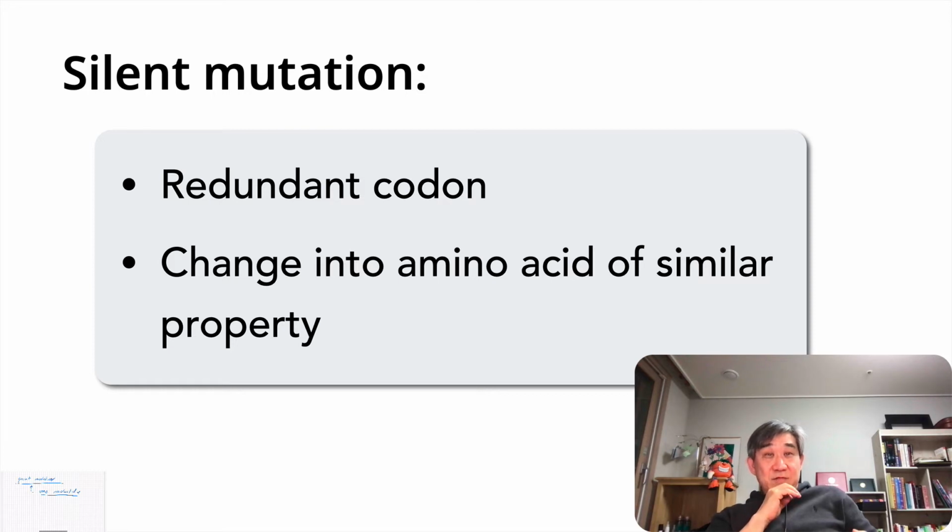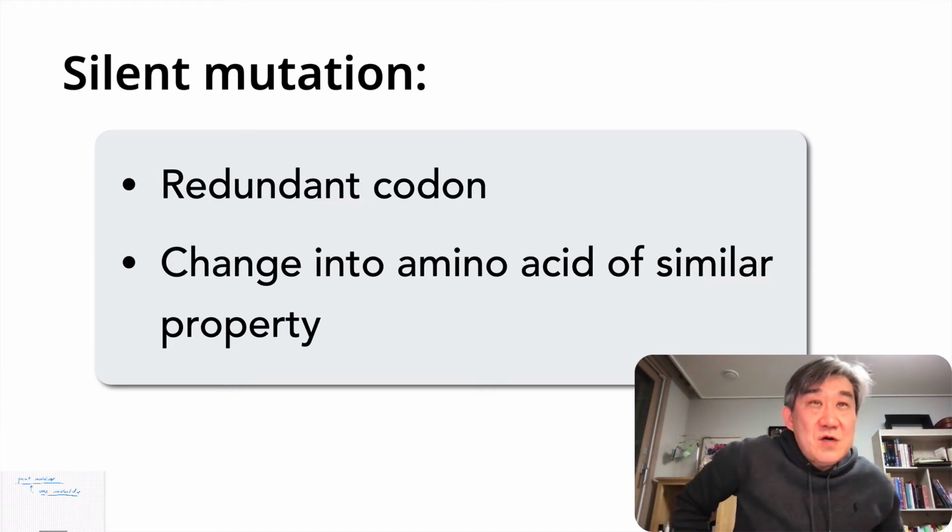In another case, even if you have an actual change in the identity of the amino acid, the changed amino acid can still function normally in place of the original if they are chemically similar in property. So the same hydrophilic amino acid in the same position, or the same kind of dimension of amino acid, then overall you don't really have to worry about the consequence.